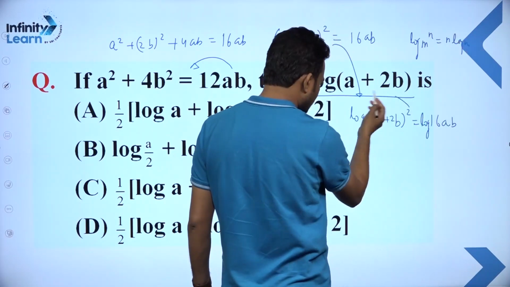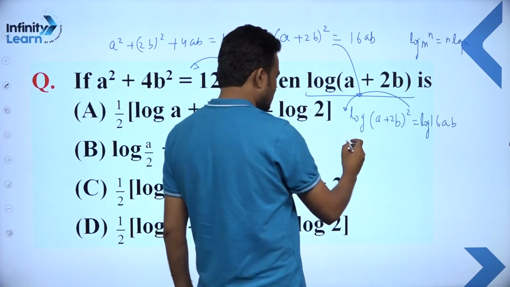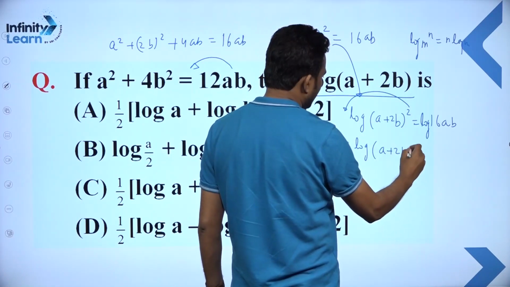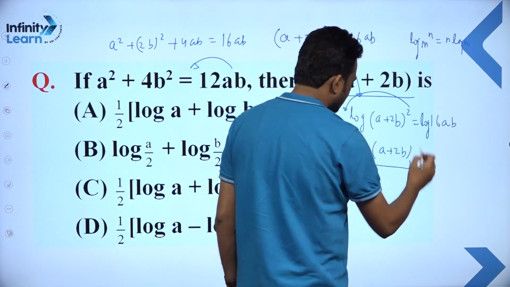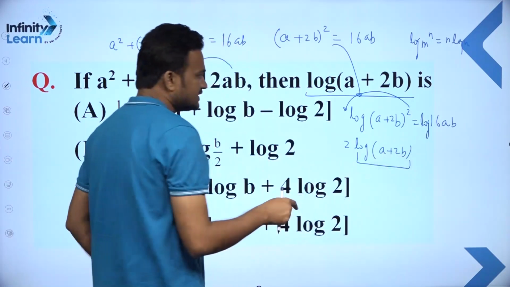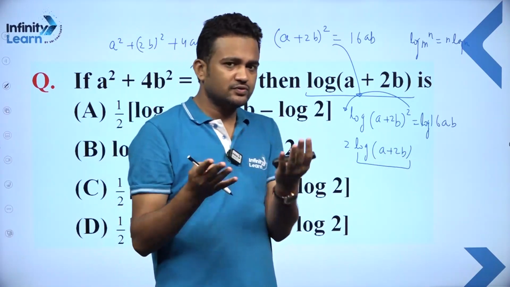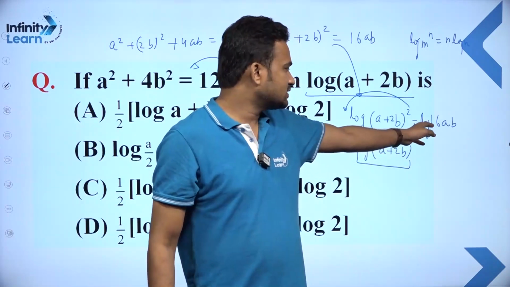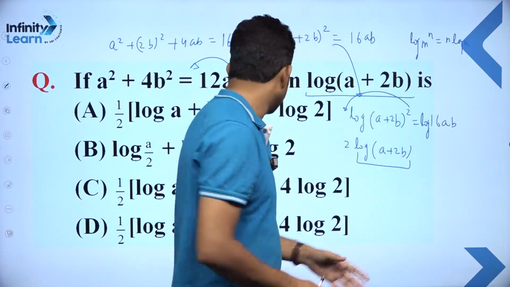So we will shift this 2 here, so we'll get 2 log a plus 2b. And we have to find the value of log a plus 2b. So this is our required term that we have to calculate. Use the property. So this is 16 into a into b. So we can use this property, log m into n is log m plus log n. So for this we can use log 16 plus log a plus log b.